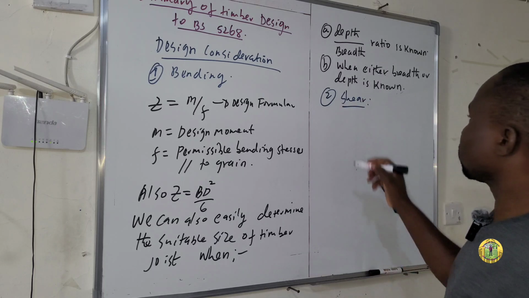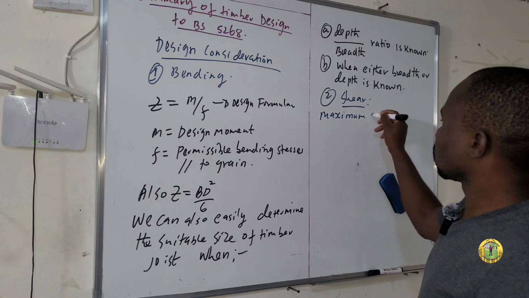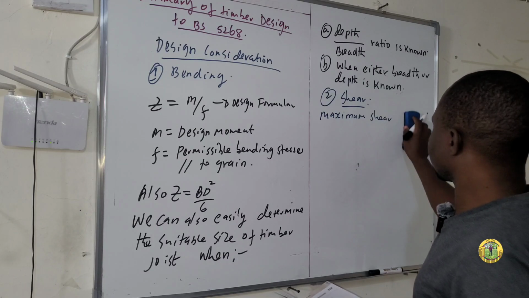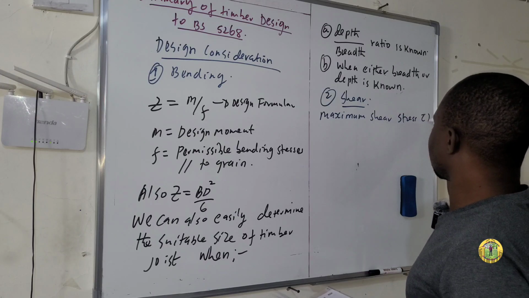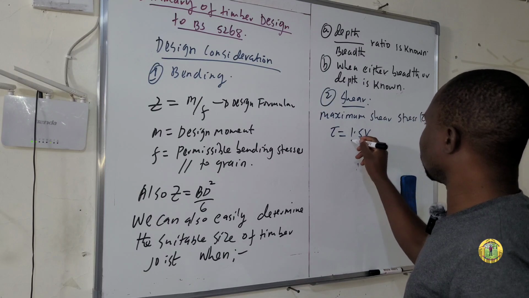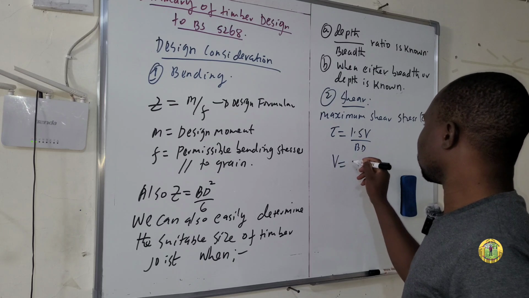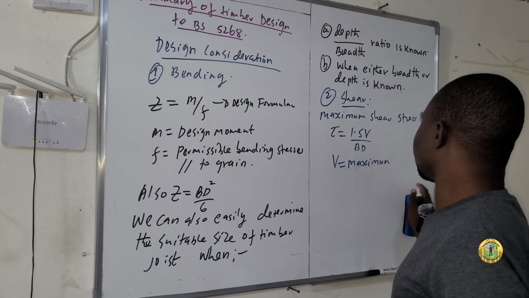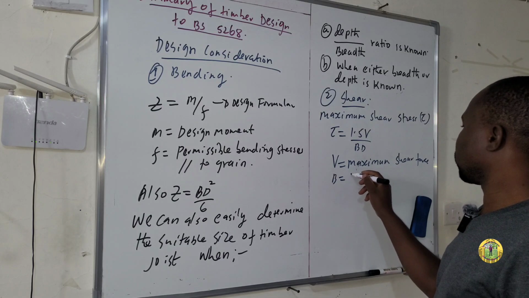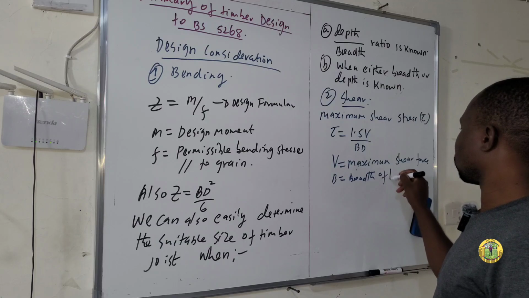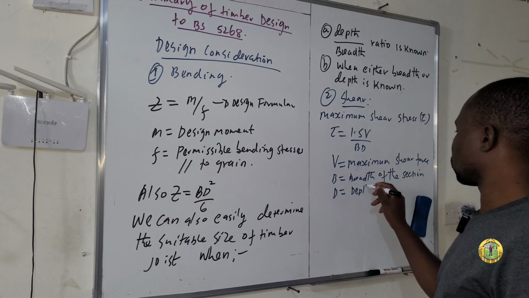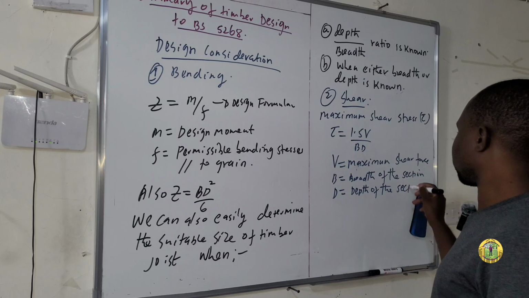The maximum shear stress, which is tau, is given by 1.5 V over BD, whereby V is equal to maximum shear force, B is the breadth of the section, and D is equal to the depth of the section.